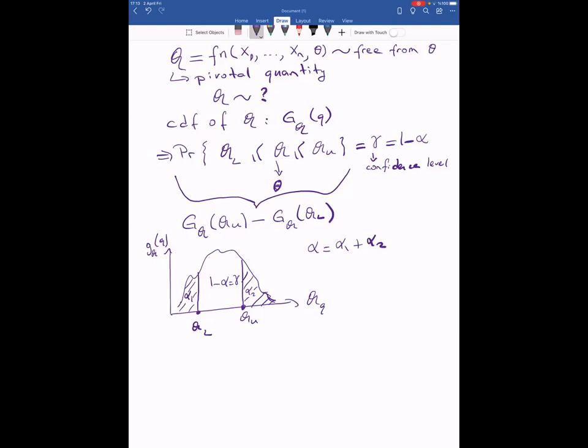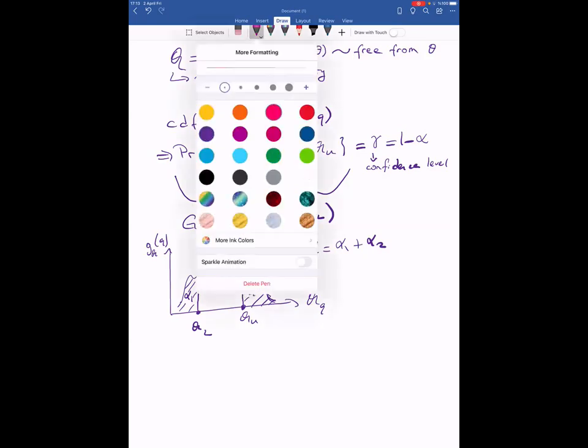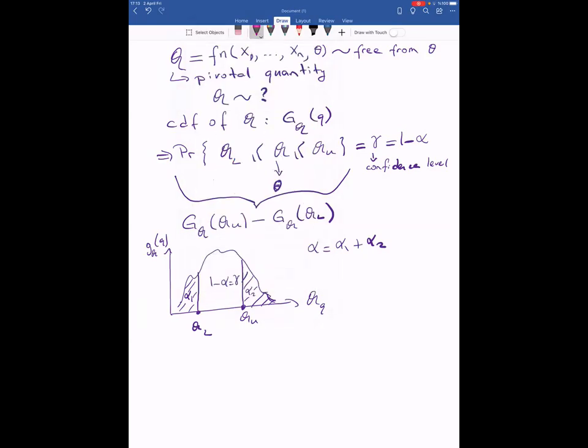But let's keep it very general, so we can use equal tail probabilities, no matter. So when we consider the CDF here, we want to accumulate all the PDF up to this point with this definition. So what is the probability here?